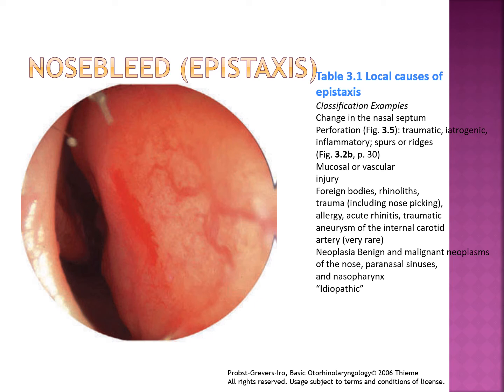Allergy, acute rhinitis, traumatic aneurysm of the internal carotid artery, which is very rare, neoplasia, benign and malignant of the nose, paranasal sinuses, and nasopharynx, and idiopathic.